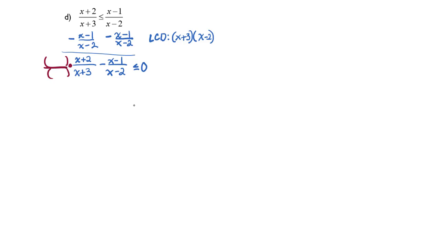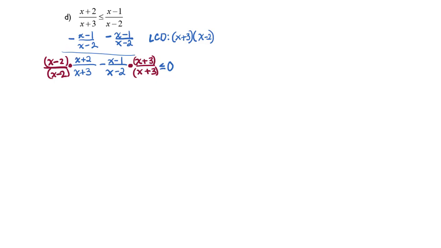The x plus 3 is missing an x minus 2, so I multiply by x minus 2 over x minus 2, and the second rational expression is missing an x plus 3, so I'm going to multiply by x plus 3 over x plus 3, and now I will have a common denominator.